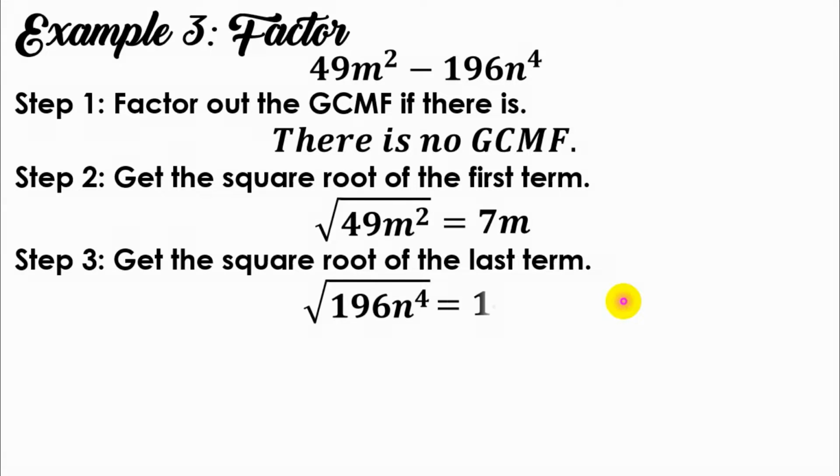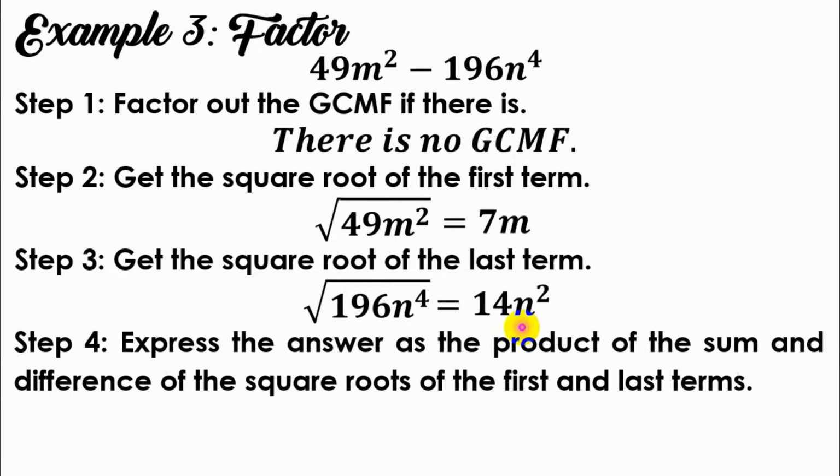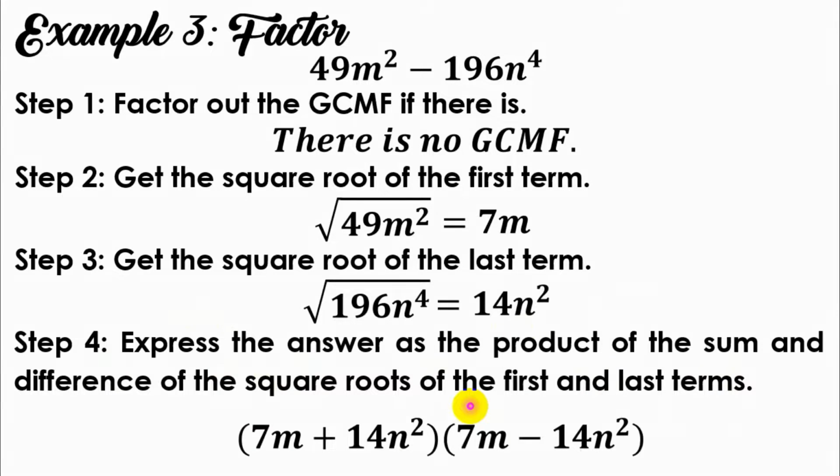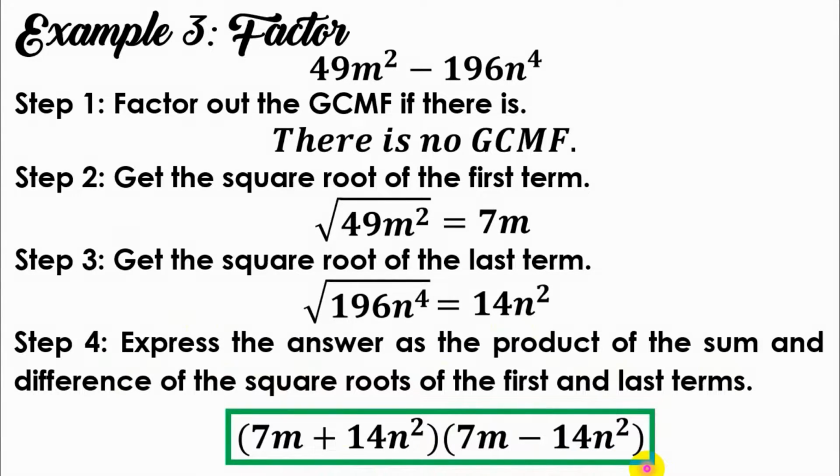And what is its square root? That is 14n squared. And then we have the last step. We have to write it as product of the sum and difference of the square roots. So, paano nga ba yun? The answer is the quantity of 7m plus 14n squared multiplied to the quantity of 7m minus 14n squared. So, that will be our final answer.